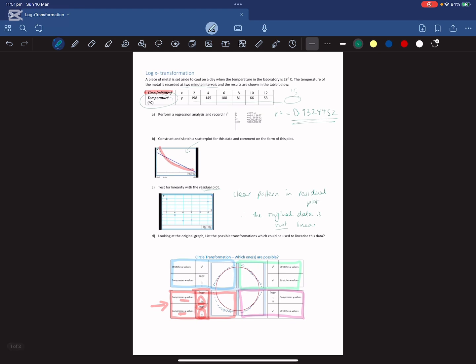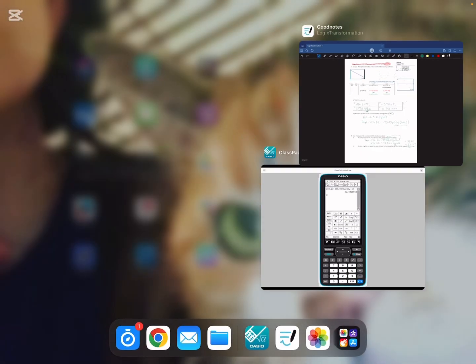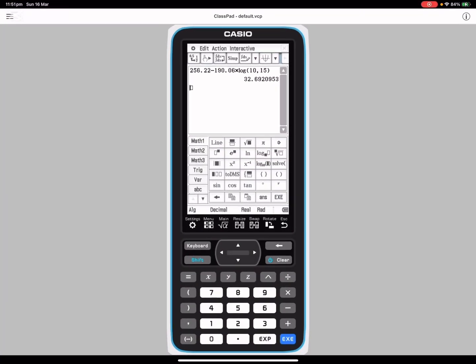Whenever you're doing a prediction for transformed data, you can always refer back to the original table of values and just make sure that it fits in with your data. Because I'll show you what happens if I wasn't to put that as log of time, if I just did time, it would give us a ridiculous answer. With the CAS calculator, remember it works like a computer, so you can just highlight it with your stylus, drop it down, and then you can edit it if you want to do something twice.